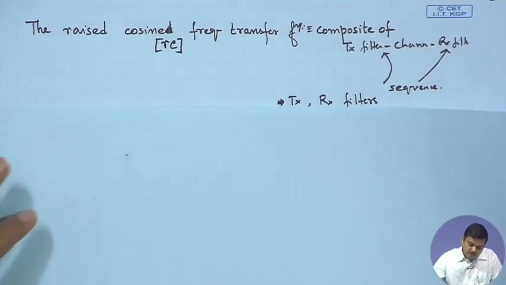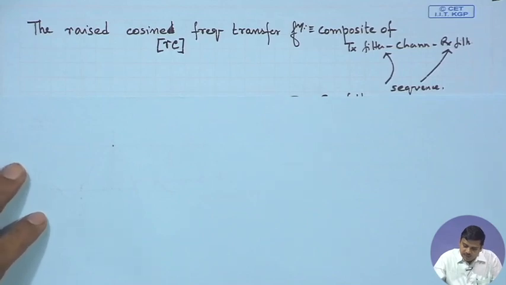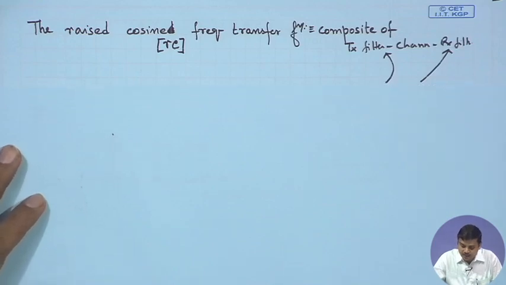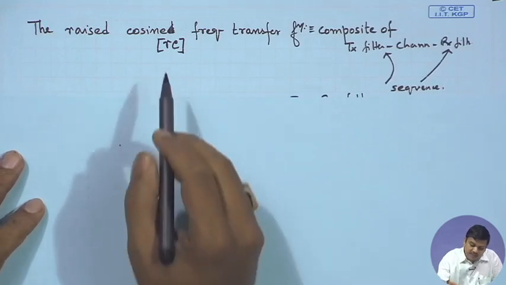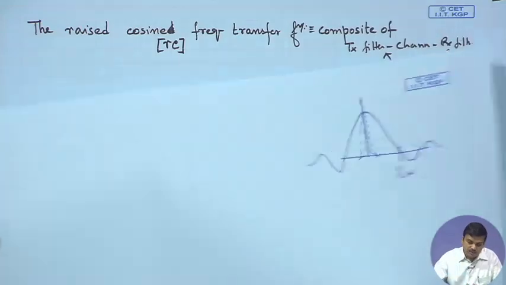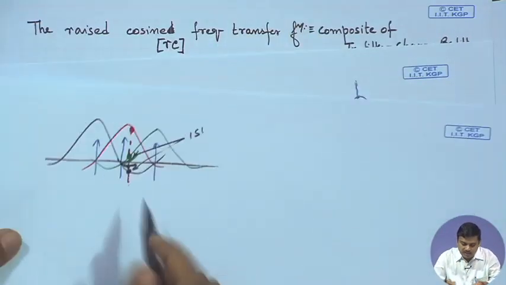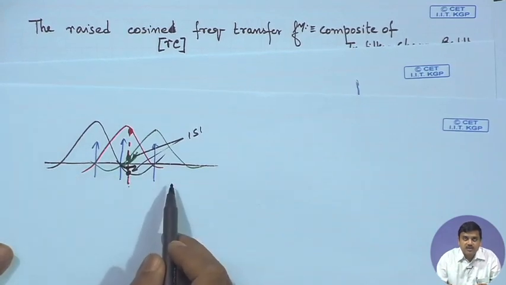If we look at the raised cosine frequency transfer function, it is a composite of the transmit filter, the channel and the receive filter. Why do we say this? Because we have stated that we want to have this kind of a received pulse train.